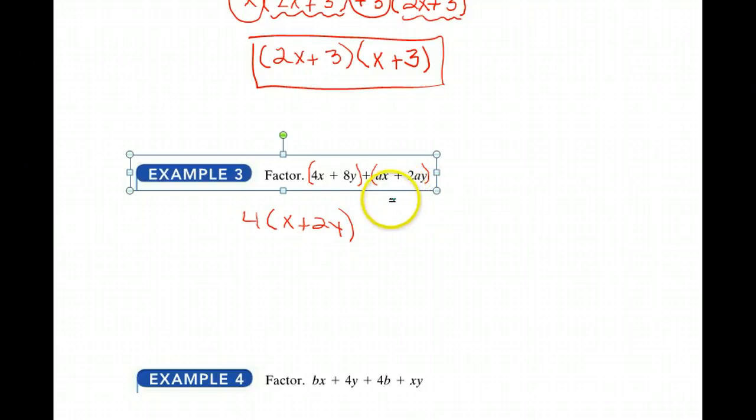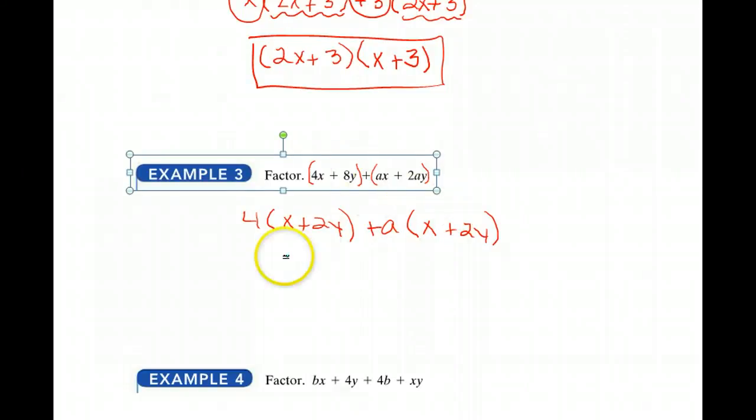In the second group, when you look at them, we want to identify the GCF of that group. They both contain an a, so we will factor out an a. ax divided by a leaves us with x. 2ay divided by a leaves us with 2y. At this point, you want to check to make sure that you have created identical groups.